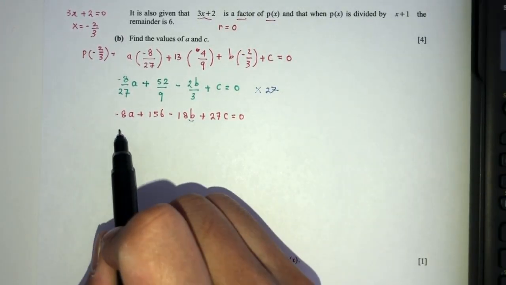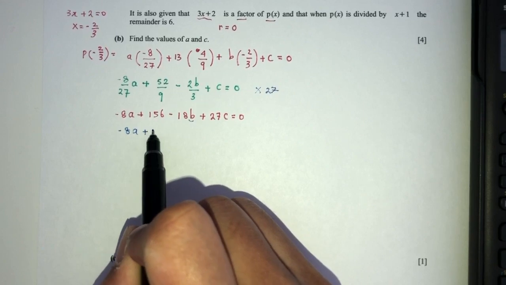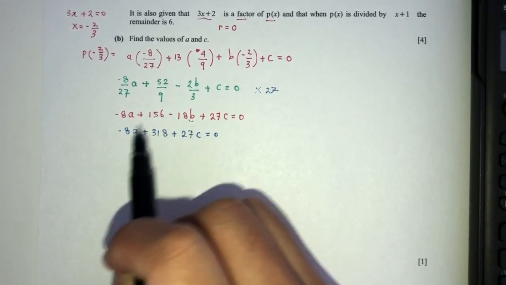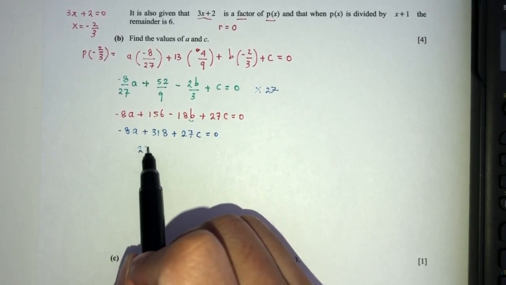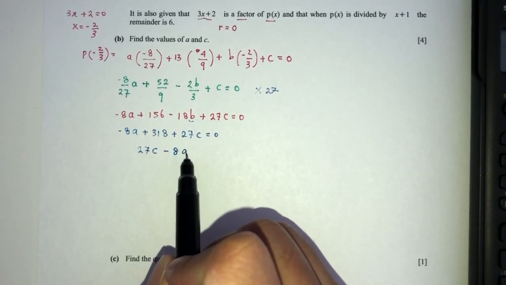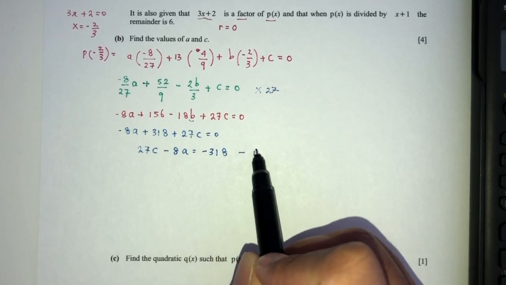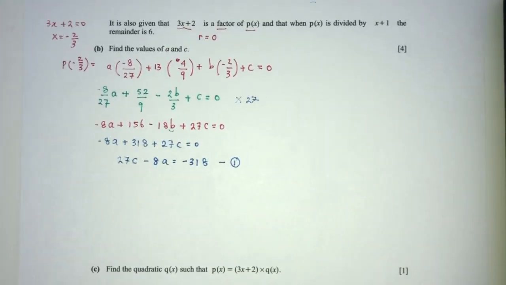So here we have minus 8a plus 318 plus 27c has to be 0. So our first equation is 27c minus 8a; we send this over here, and it becomes minus 318. That is my equation number 1. Again, the goal here is to form equations so we can solve them simultaneously and then find the values of a and c from those equations.